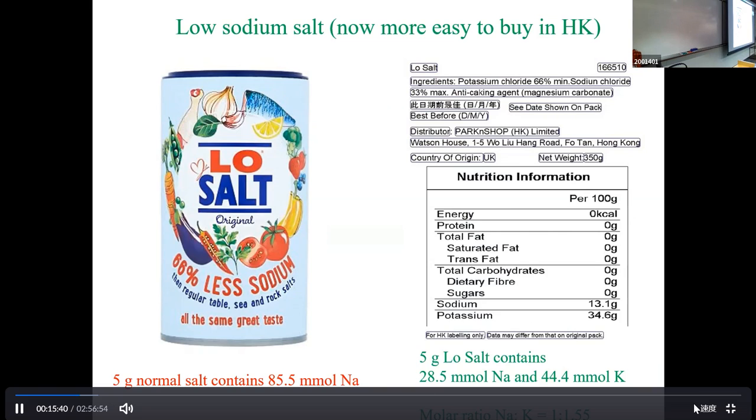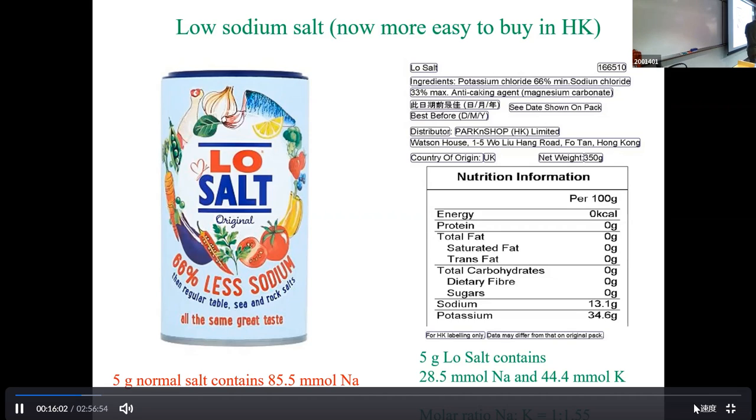In the past few years, I only spotted some more expensive supermarkets carrying low sodium salt. But recently, I saw PARKnSHOP also carries this brand.